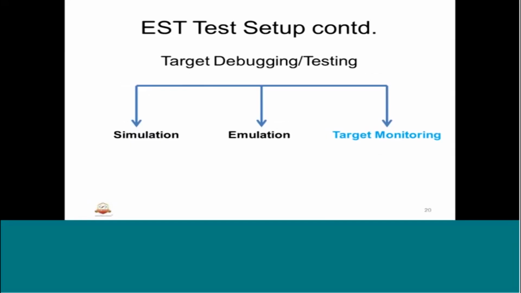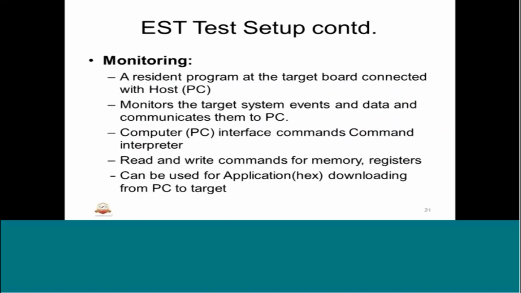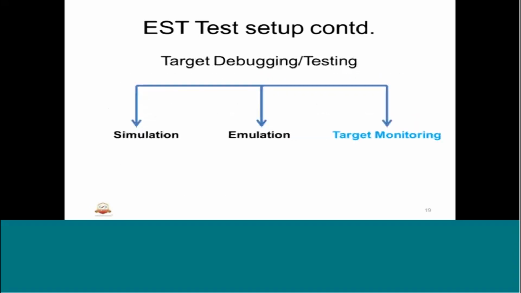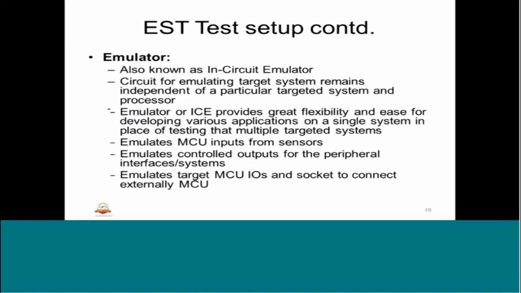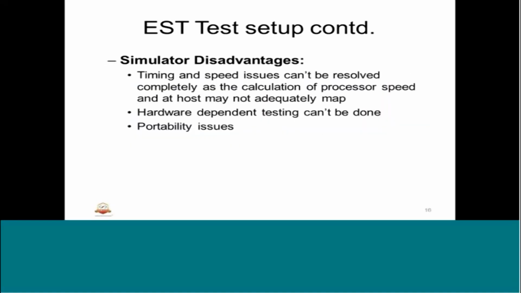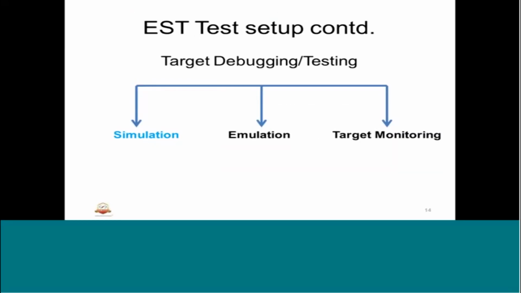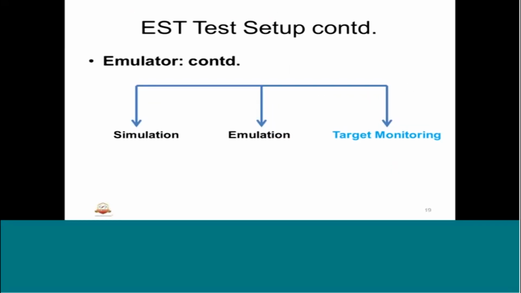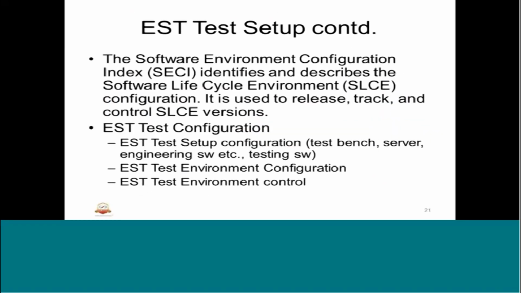So these are some of the target-based debugging or testing mechanisms with the help of a test setup. We have seen how test setups will be. The next one is the tools.